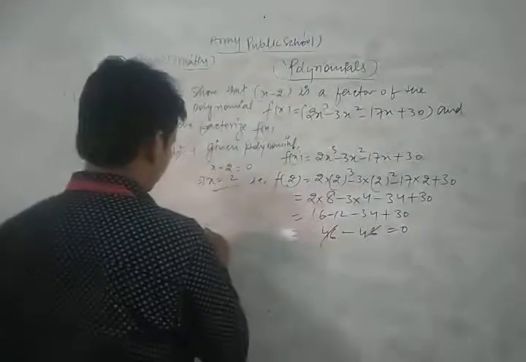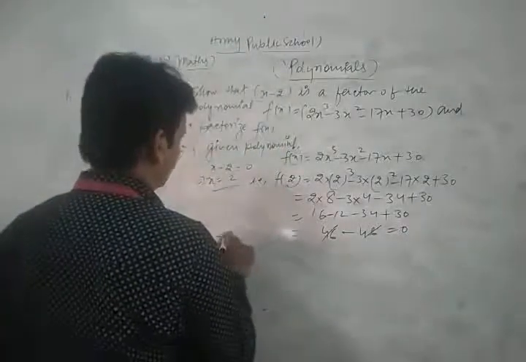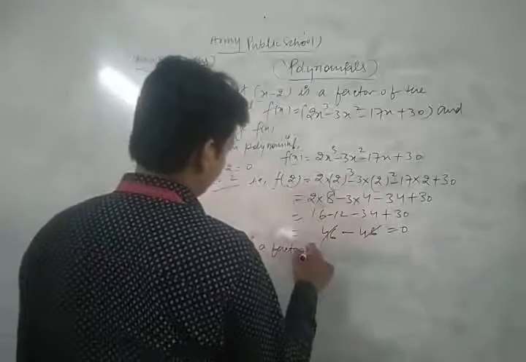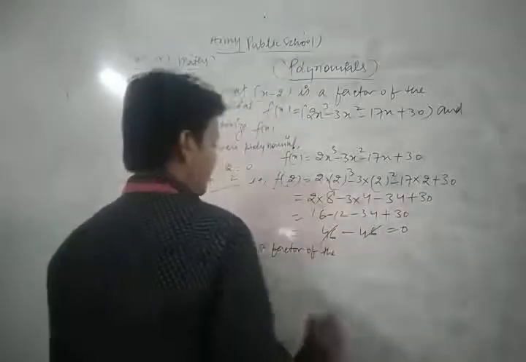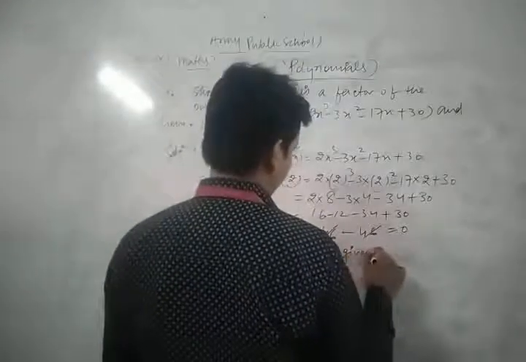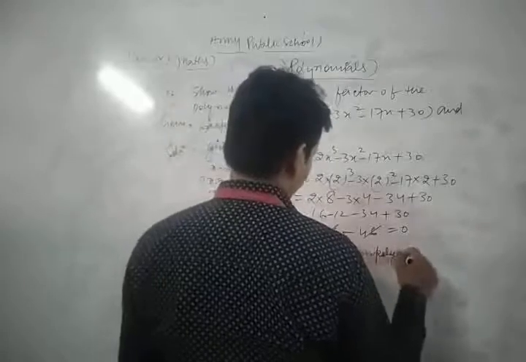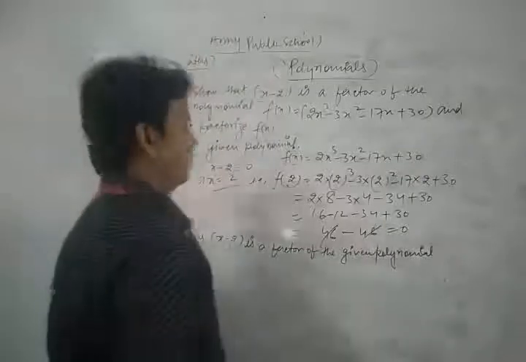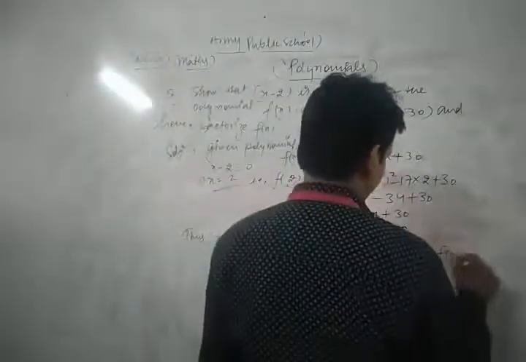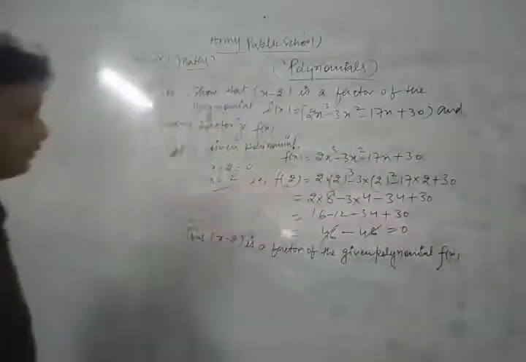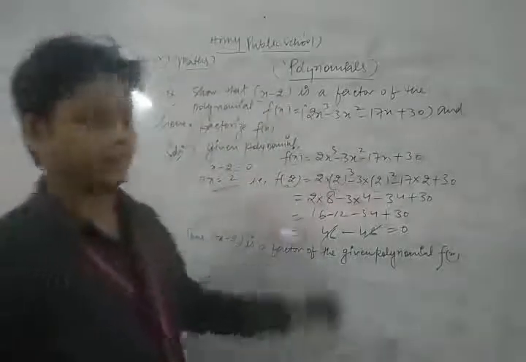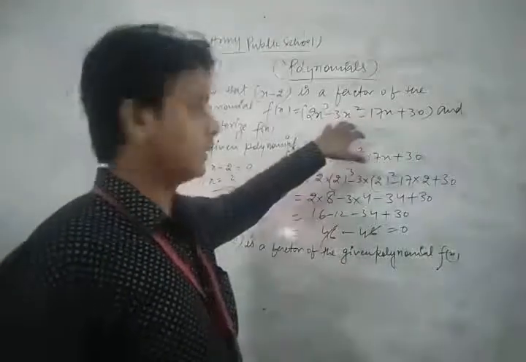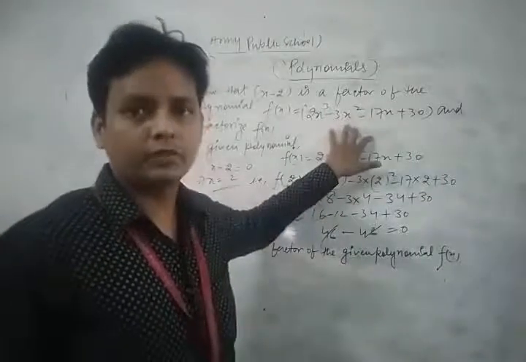Thus x minus 2 is a factor of the given polynomial f(x). Now we have to show that x minus 2 is a factor of this.